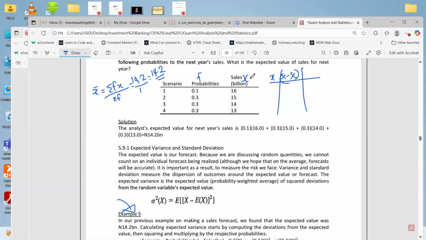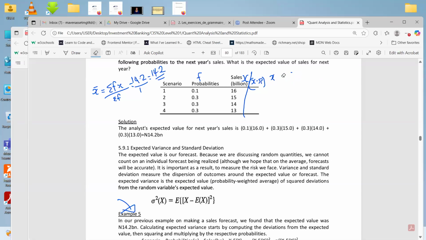Now, after this x here, you need to draw your x minus x bar column, after this sales bit. Let's do that in our rough sheet quickly. I can't see what you are doing, but please get your hands dirty so that you get used to it, and you're using your calculator as well. So we go x minus x bar, 16 minus 14.2. What does that give you? 0.8.